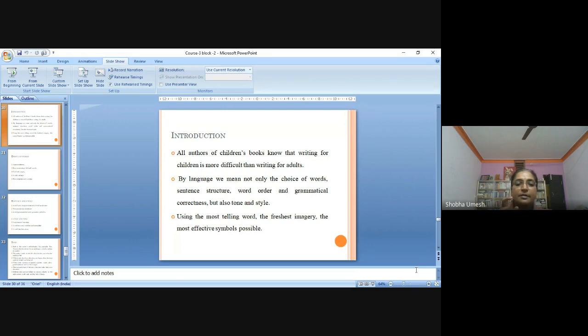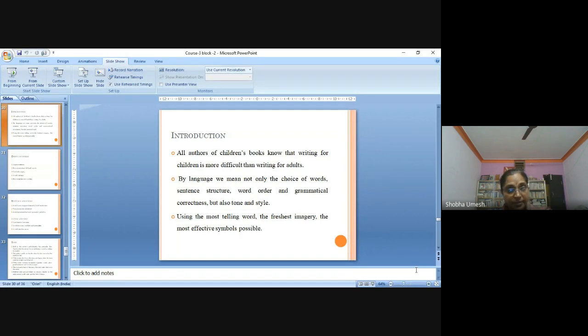Because the books we write for children consist of certain values, morality, ethics, and there should be a message, and we have to step down to the level of a child. If we write without stepping down to the level of a child, the child will never understand what we are trying to say.